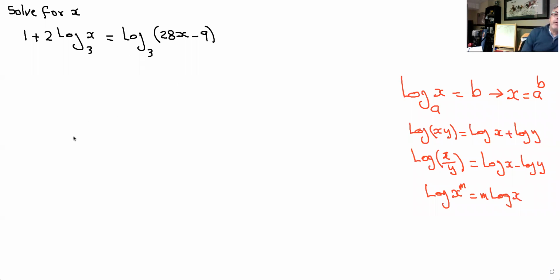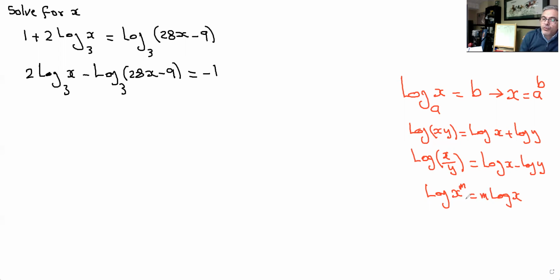So here's another random question. When we're doing logs, I think the best thing for you to do right now is move all of this to this side, and move the 1 to the other side. 2 log base 3 of x minus log base 3 of (28x minus 9) equals negative 1.